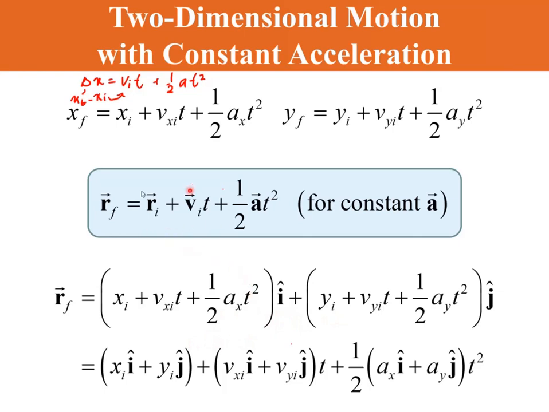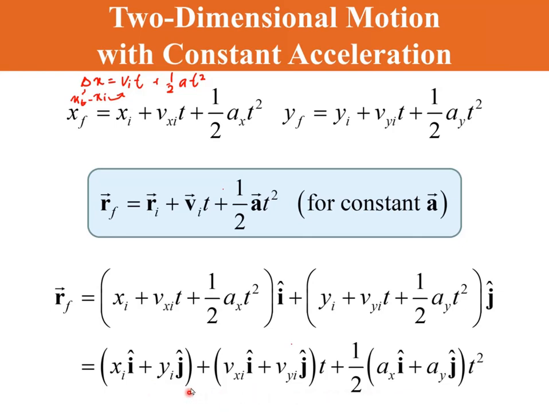We can simplify it, where r is xi plus yi, and vt is vx t i plus vy t j, and a becomes ax and ay. So we put it in terms of i and j, which can then be rewritten as the equation below.